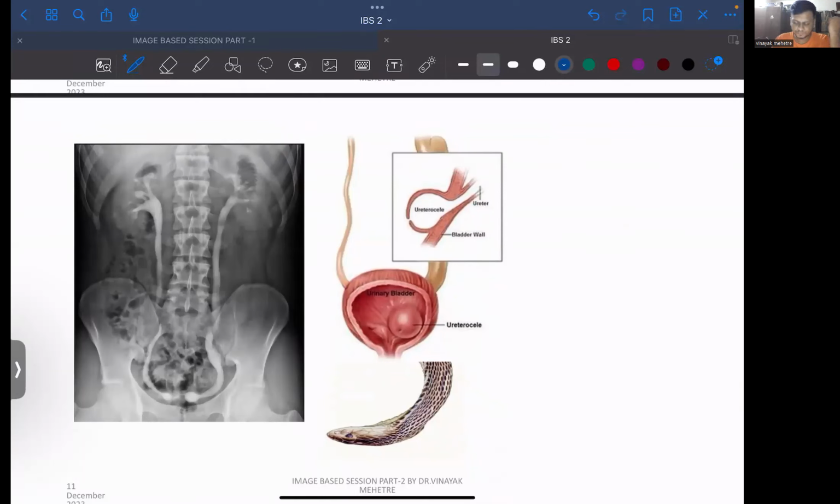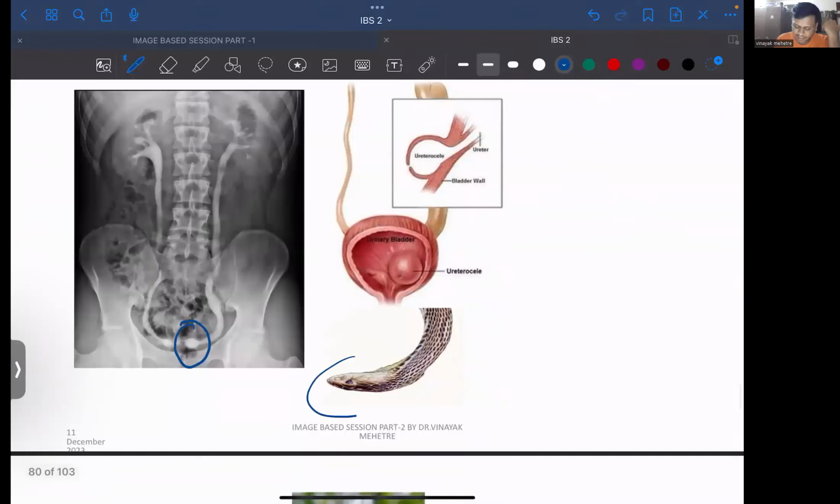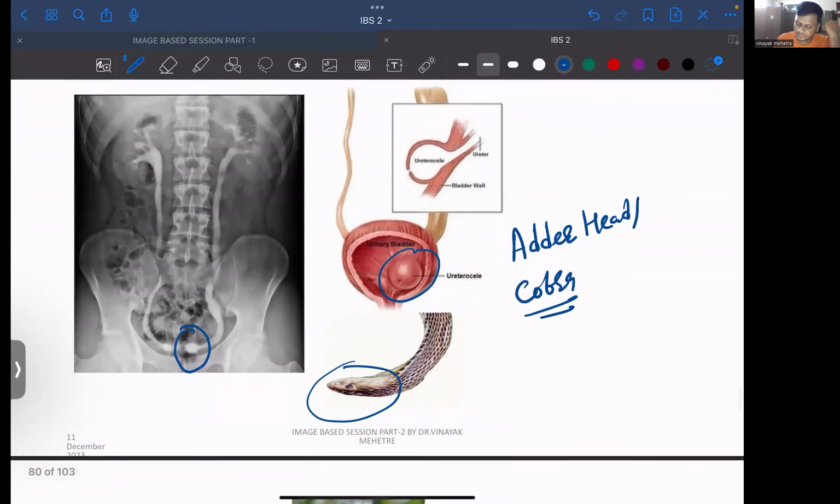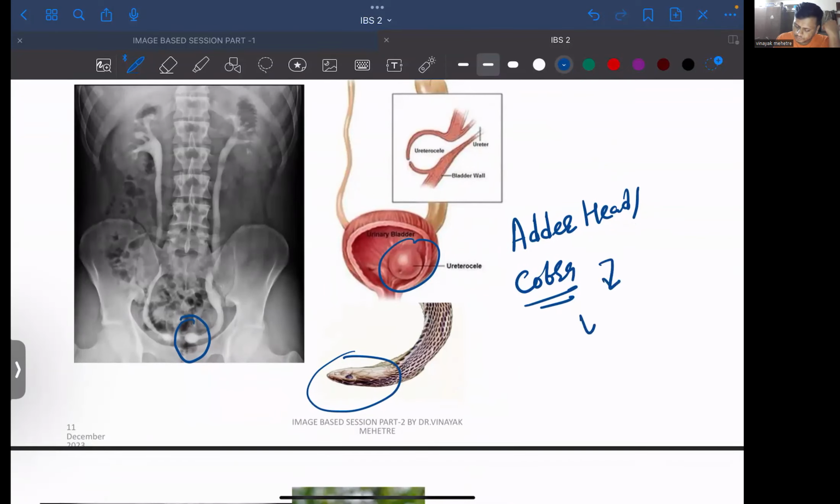Take a look over here. It is called adder head or cobra head. हम इसे क्या बोलते हैं? Adder head or cobra head. It is seen in what? Ureterocele. It is seen in ureterocele. ठीक है? चल.